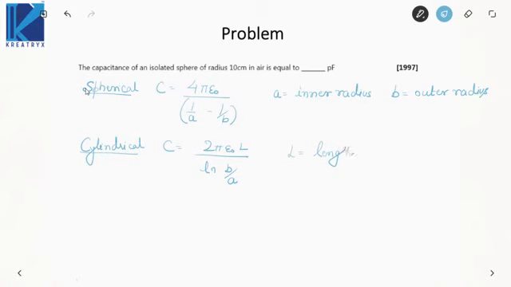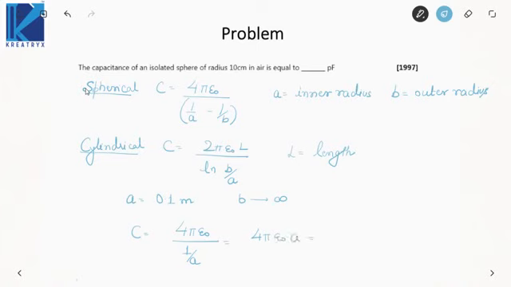Now it is asking the capacitance of an isolated sphere, which means the inner radius is 10 centimeter or 0.1 meter, and the outer radius tends to infinity. That is, the outer sphere is kept at infinite radius. So what is the capacitance? 4 pi epsilon naught by 1 upon A, or 4 pi epsilon naught A. What is 4 pi epsilon naught?